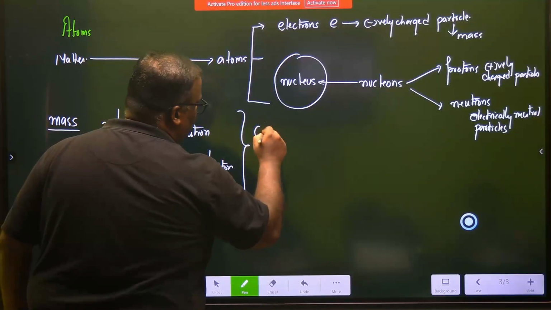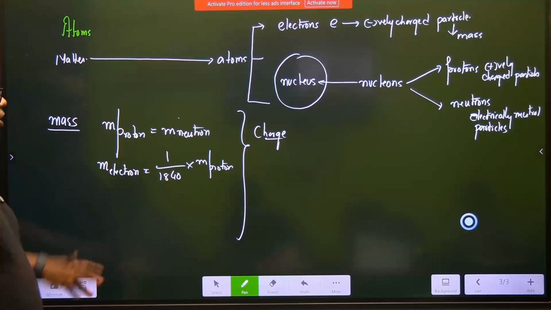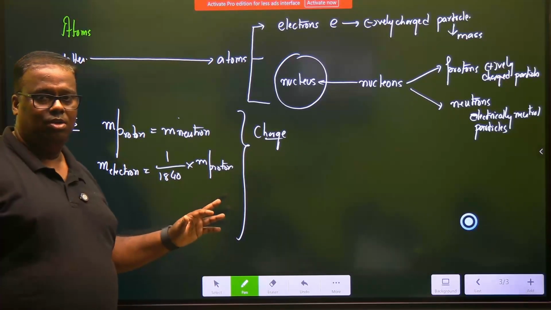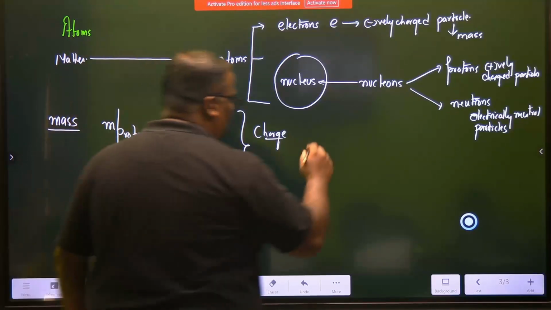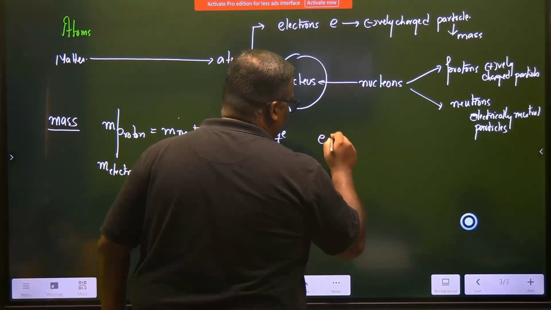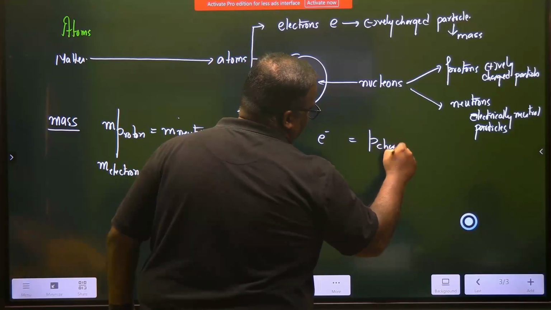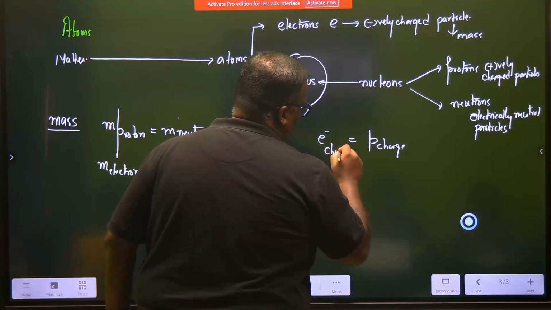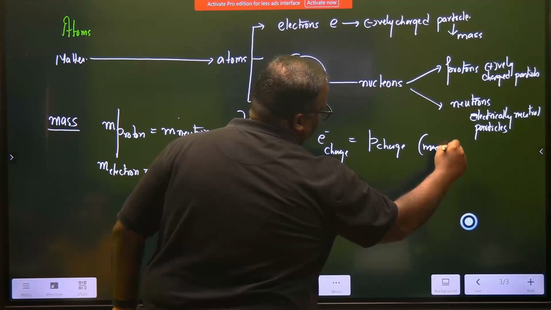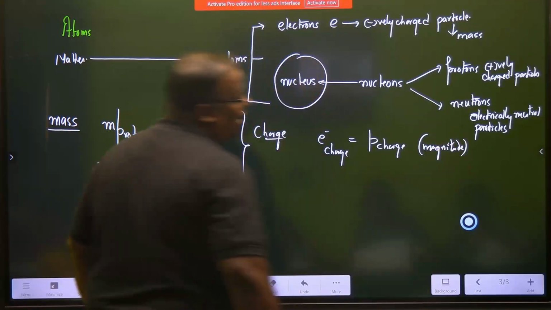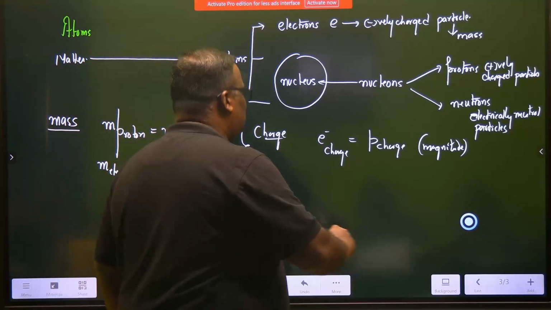Now let's talk about charge. Matter always will show two properties: one is mass, one is charge. In terms of charge, the electron charge is equal to the proton charge in terms of magnitude. If you want to write this, you should know the value.